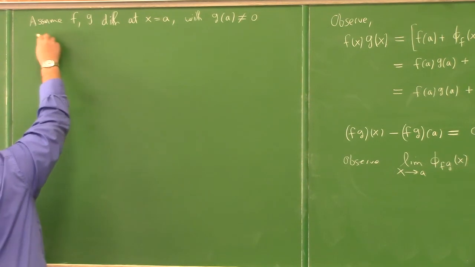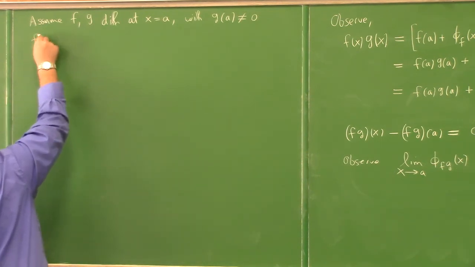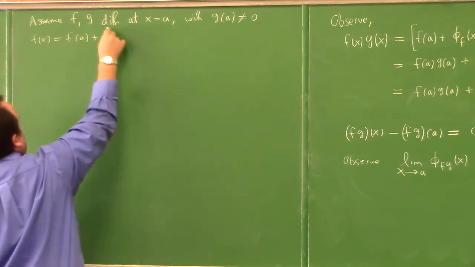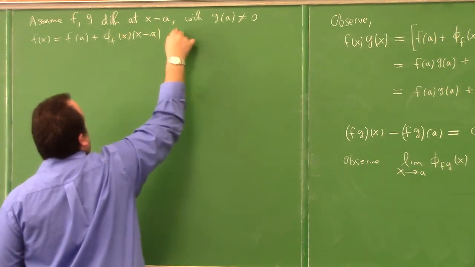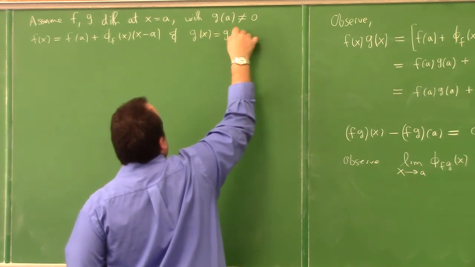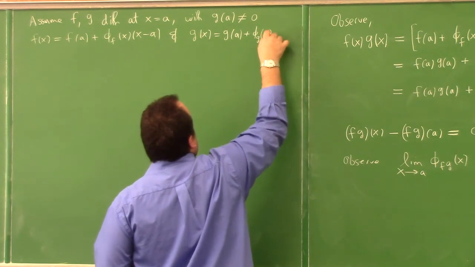So then, once more, we have f of x equal to f of a plus phi sub f of x times x minus a, and g of x equals to what? g of a plus the quotient function phi sub g of x times x minus a.